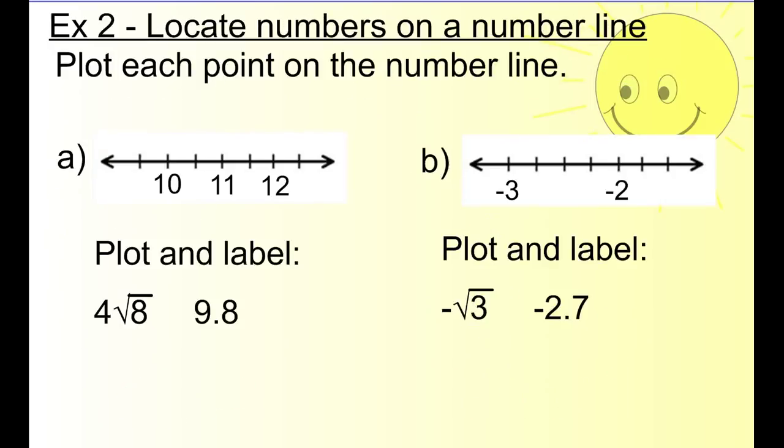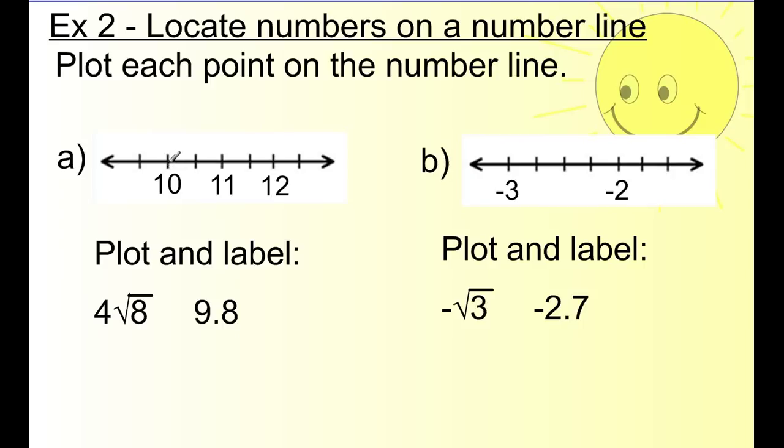Example 2. In our goal of being able to put numbers in order from least to greatest, here the question asks us to plot each point on the number line. So I need to figure out, for example, where 9.8 would be and where this 4 square roots of 8 would be. So 9.8 is probably the easier one. So let's start there.